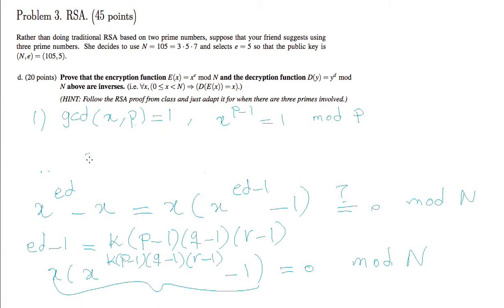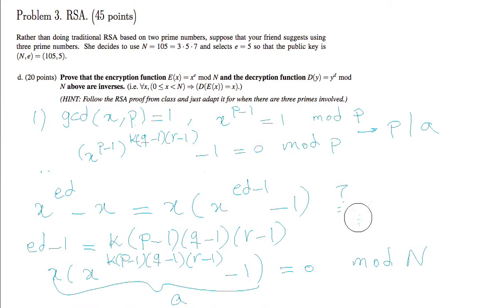So x to the power p minus 1, the whole to the power k(q minus 1)(r minus 1), minus 1, is equal to 0 mod p. So this shows that in this case p divides this number, which I call a. Let me erase this line to go to the second case.